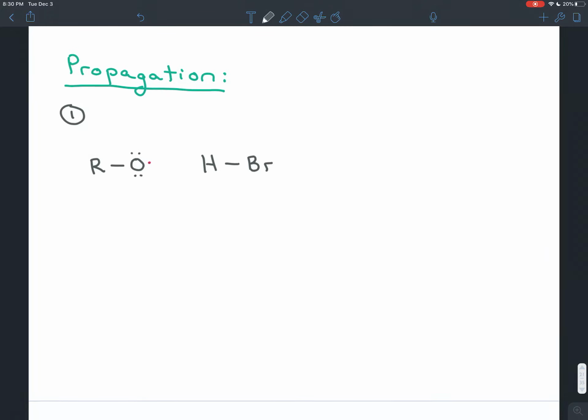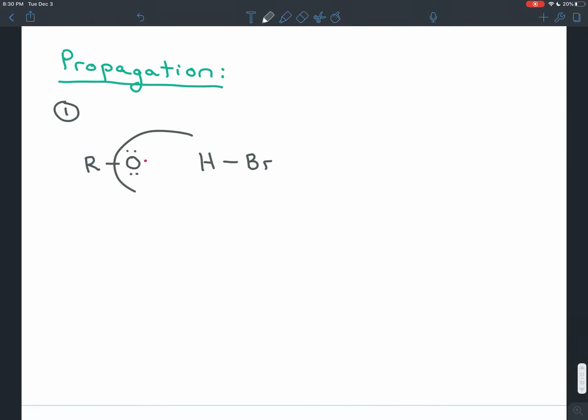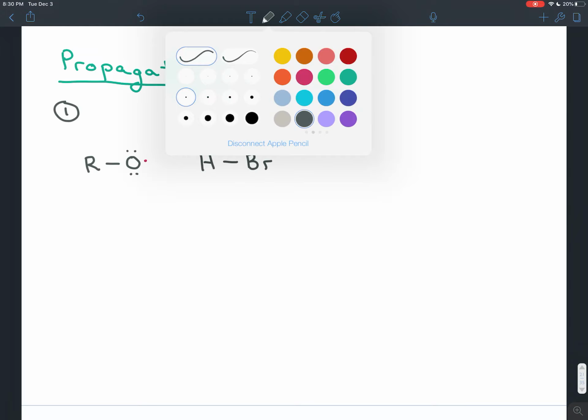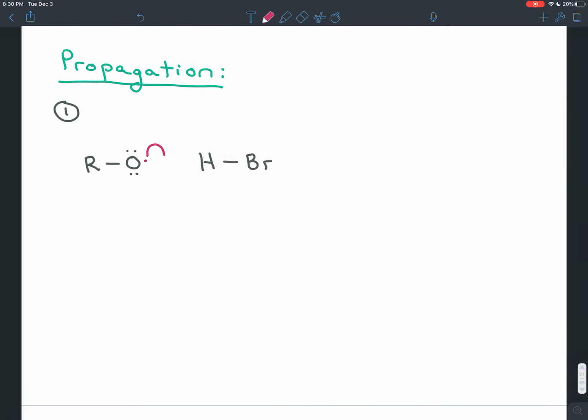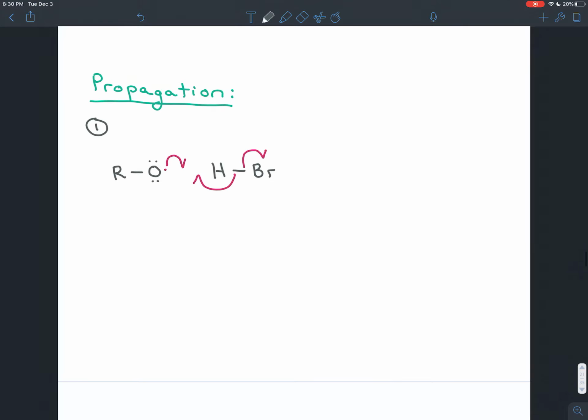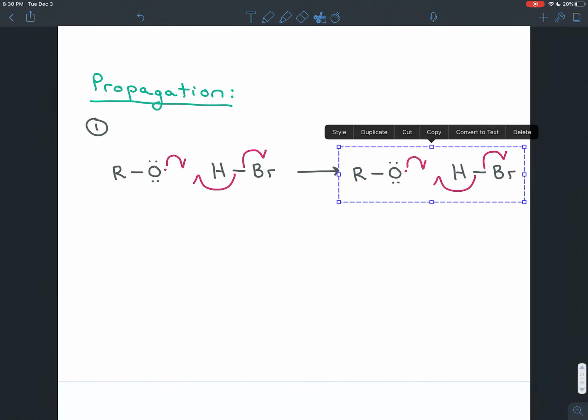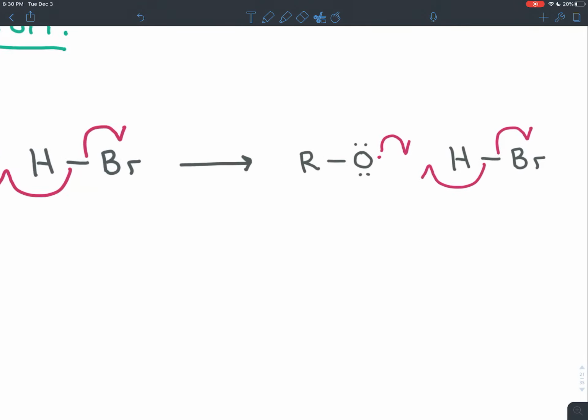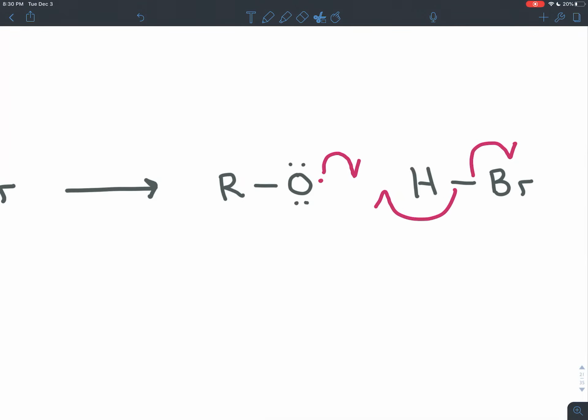So this is going to be a hydrogen abstraction. This radical is going to steal the hydrogen from the bromine. So it will contribute one electron to a bond, the hydrogen will contribute one electron to the bond, and the other electron in this hydrohalogen bond will go onto the bromine to create a radical there. So what we have after that first propagation step is that the bond between the hydrogen and the bromine breaks.